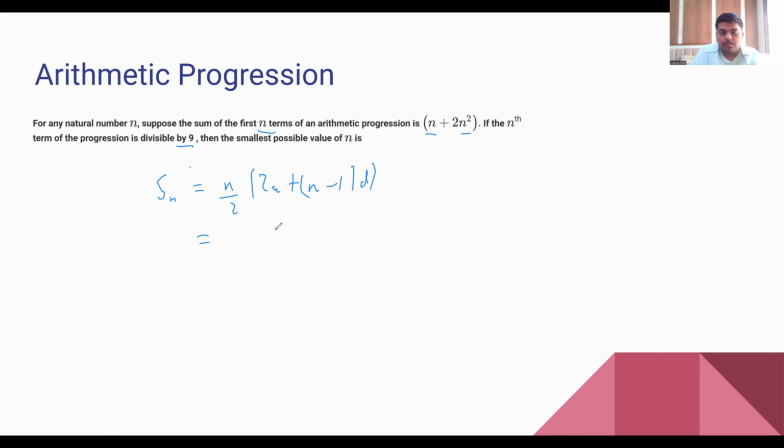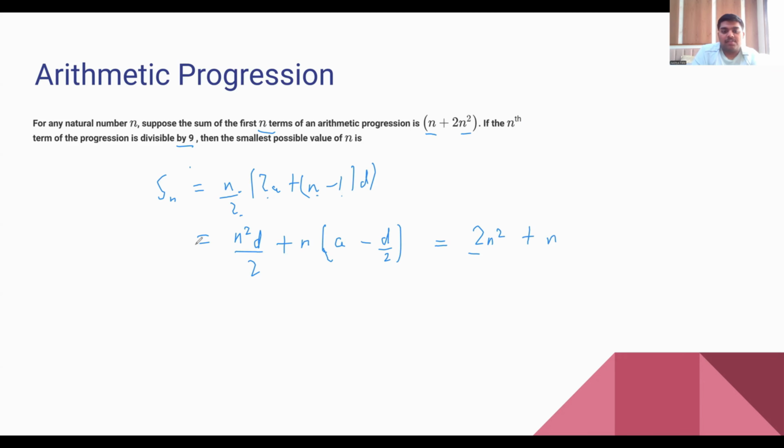Now let us expand this formula. So this is equal to n square d by 2, because n into n plus n into d. Here is a 2a and here is a minus d. So this will be equal to (a minus d by 2) into n, because there is a 2 in the denominator as well. So this is the expanded formula and this is given to us as 2n square plus n.